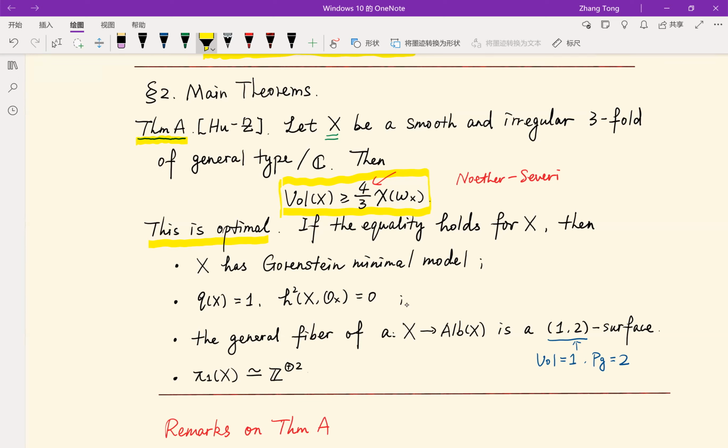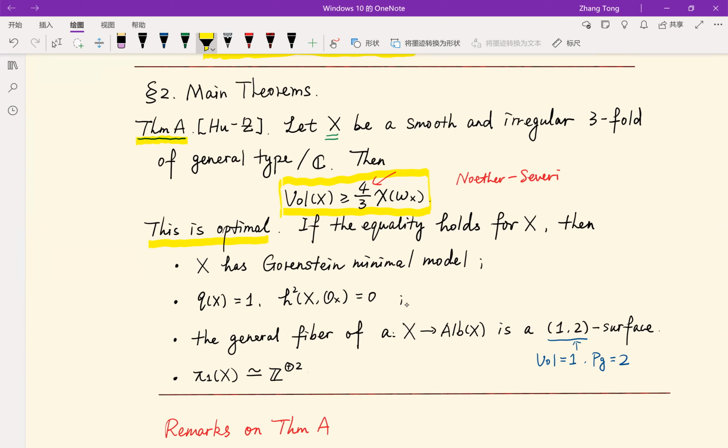First, let us consider its minimal model. Note that here I just assume X is smooth and irregular; I don't assume X is minimal. By the work of Birkar, Cascini, Hacon, and McKernan, we can have a minimal model for this X because it's of general type.